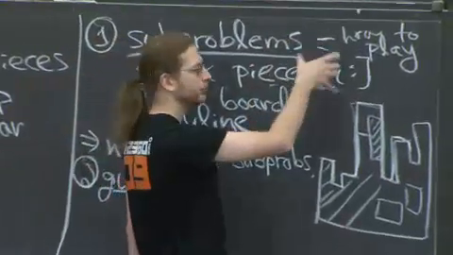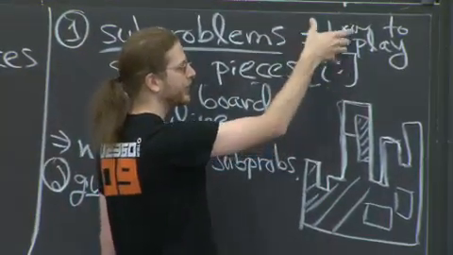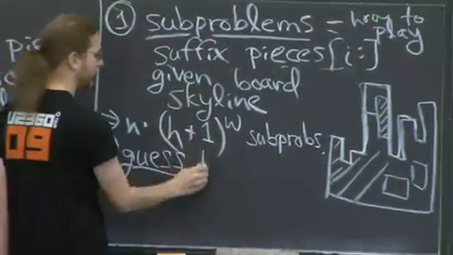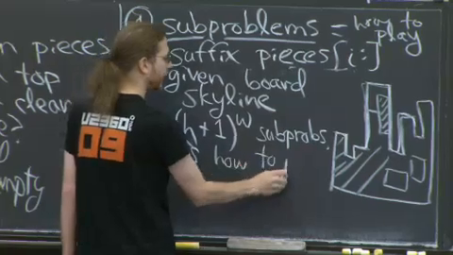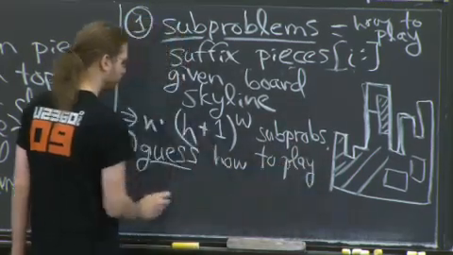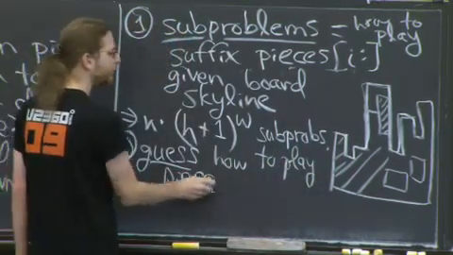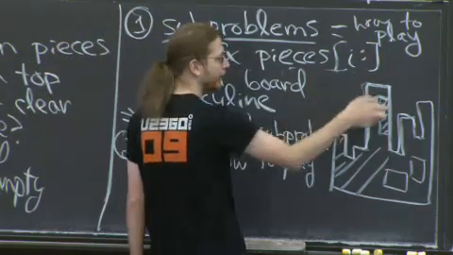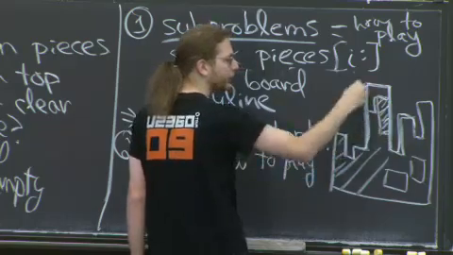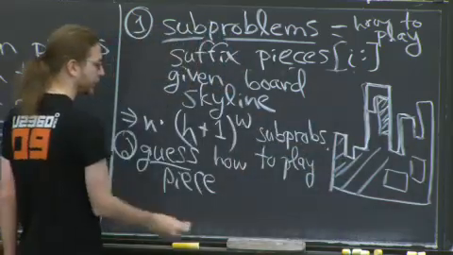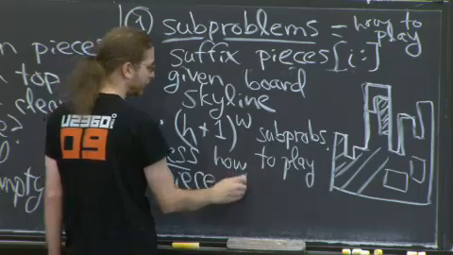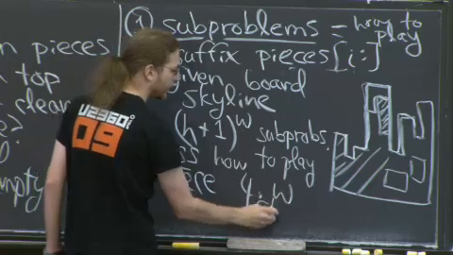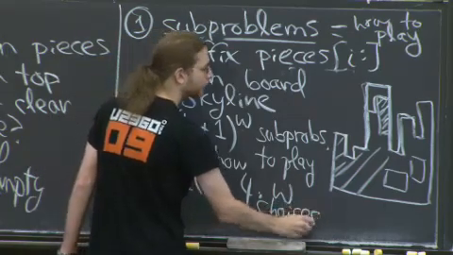I can rotate it 0, 1, 2, or 3 times, and I can choose some place to drop it. But those are my only choices. So it's just how to play piece i. And given that guess, you can figure out how the skyline updates, like I did here. If I drop that piece like that, then I fill in this part and recompute my new skyline. So there's going to be something like 4 times w different choices, roughly. 4 for the rotation, w for the x coordinate.